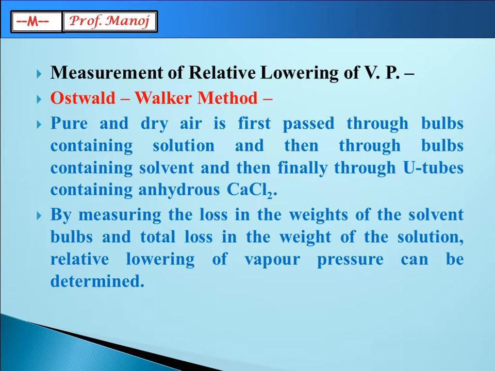Further, when it goes to the second bulb containing the solvent, it will absorb more vapors from the solvent container, and all the vapors are finally passed to the calcium chloride tube. So once again, imagine there is a loss in the weight of the solvent bulb, and a loss in the weight of the solution bulb, and both these losses will be equal to the gain in the calcium chloride tube.